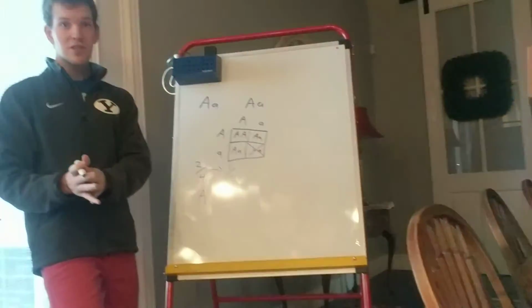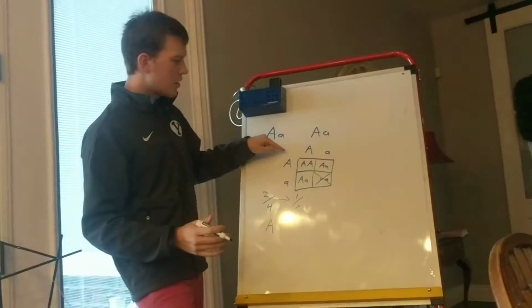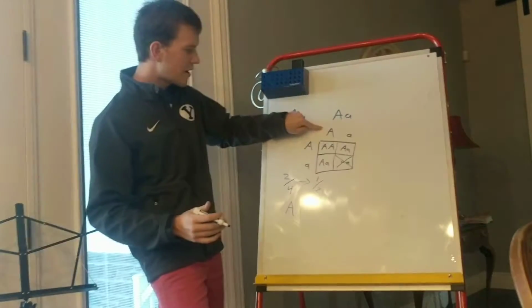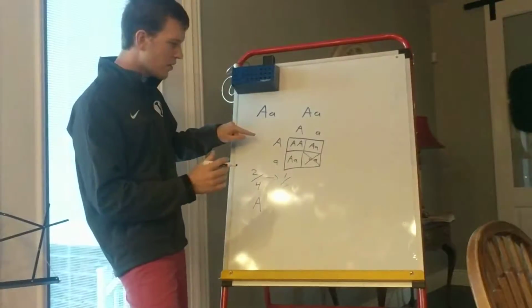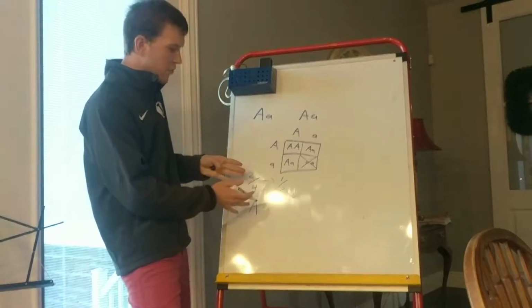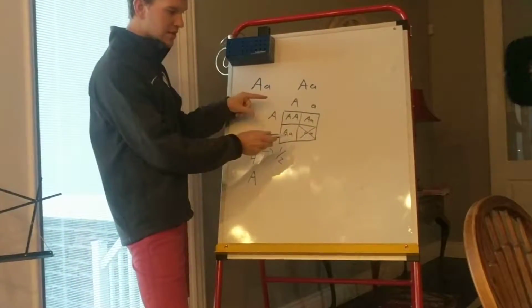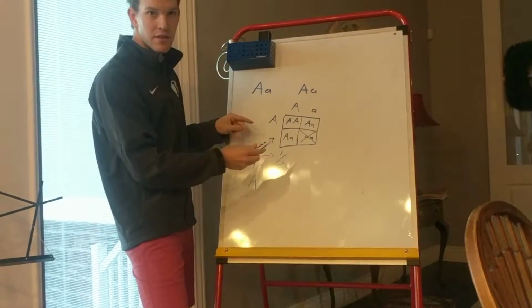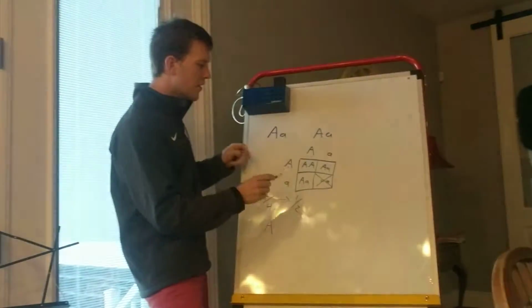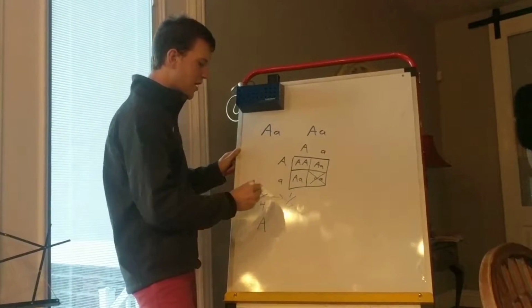That's the only bit of information we have. We don't know if that big A came from this parent or this parent. All we know is that they have one. So the only one we can eliminate on this board of possibilities is 2 little a's, because we know that's for sure a no. So then we go back and we do the same process.